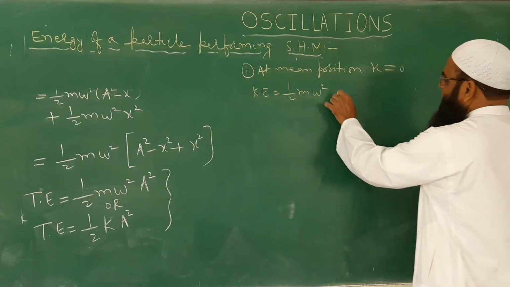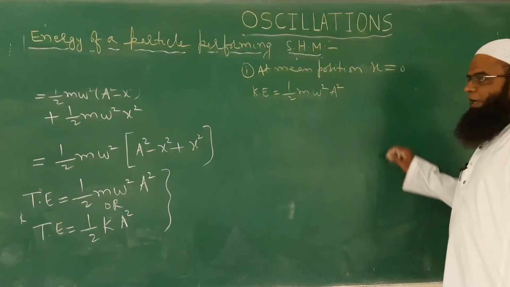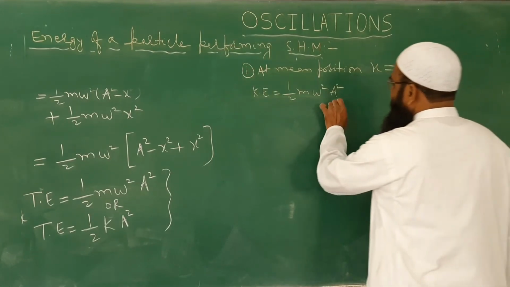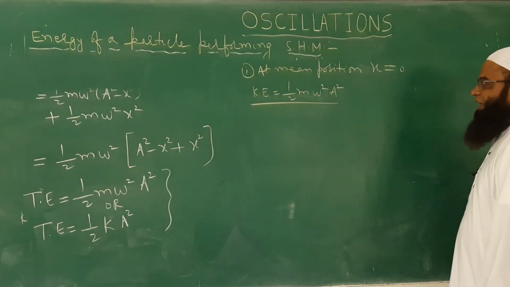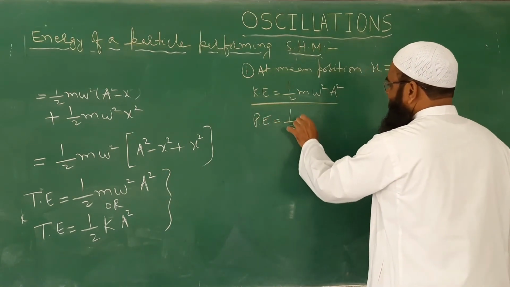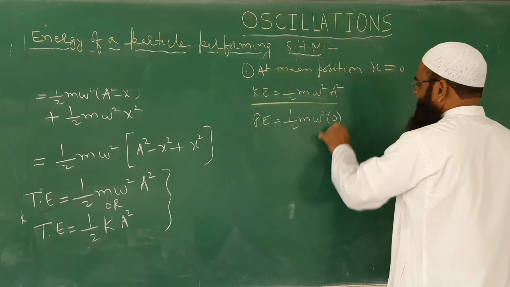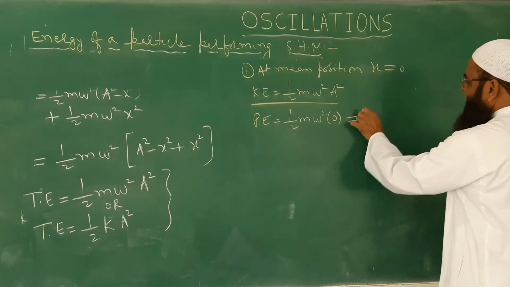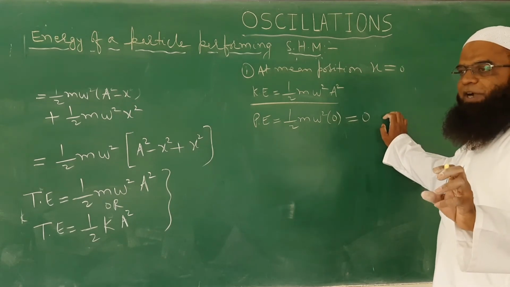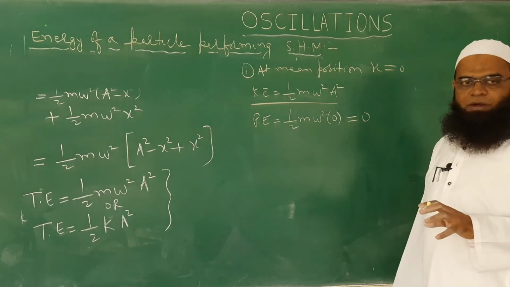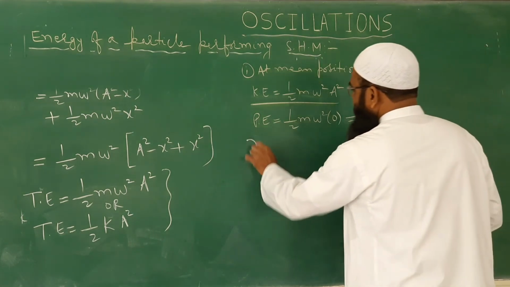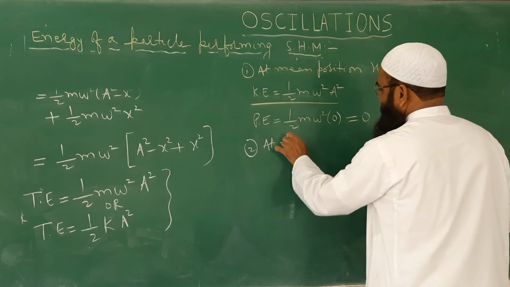As x is 0, we get a square minus 0, that is a square. So kinetic energy equals half m omega square a square at mean position. Similarly, potential energy is half m omega square into 0, so potential energy becomes 0. That means at the mean position, the total energy of the particle is purely kinetic, or kinetic energy is maximum at the mean position.